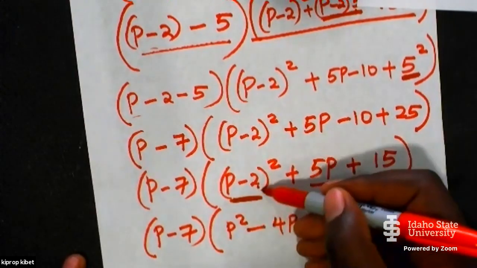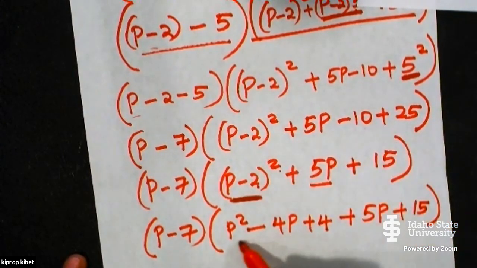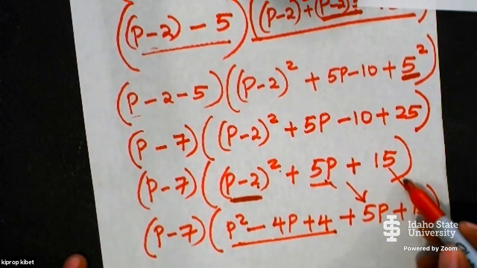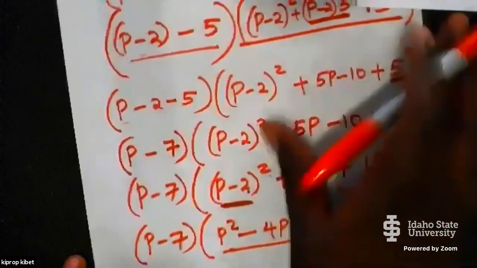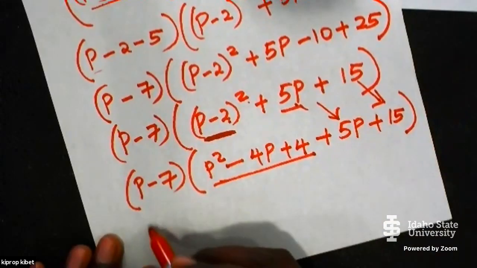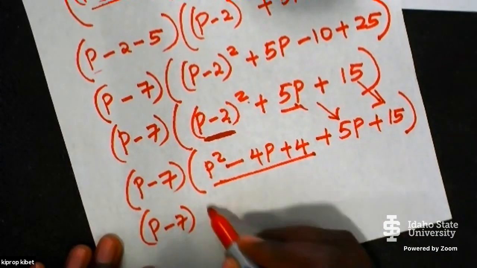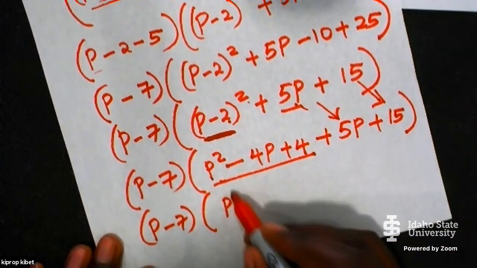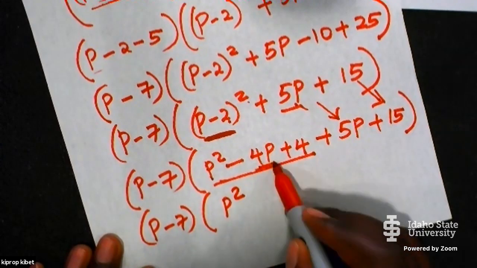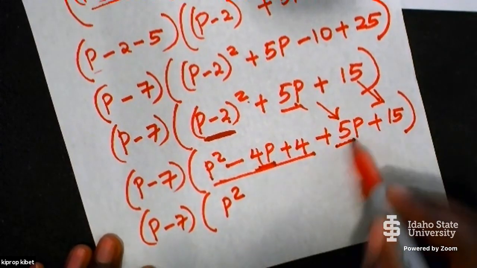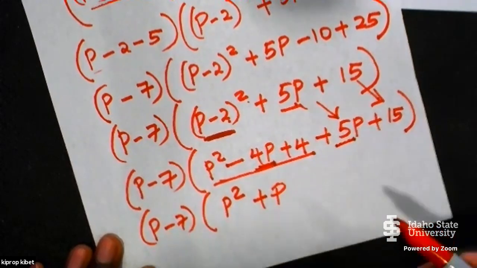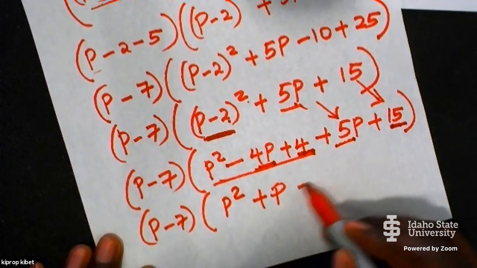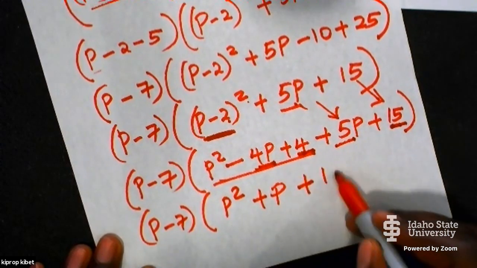So you open the square, then you get this up to here, and then we have this, and then we have that. So again, we can still factorize that (p - 7), and then, is there a p^2? No, so p^2. So this 4 minus 4p plus this, it will be plus what? P. 4 and this 15 would be what? Plus 19.